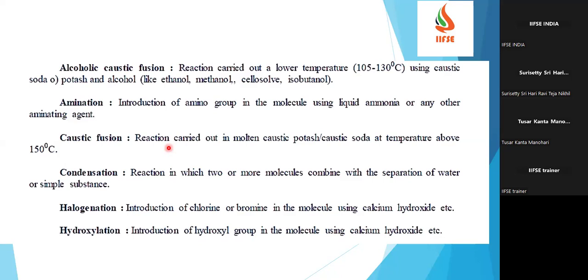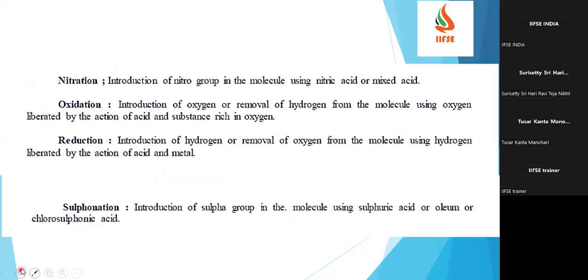Halogenation, introduction of chlorine or bromine into the molecules. Hydroxylation, introduction of a hydroxyl group into the molecule using calcium hydroxide. Then nitration, oxidation, reduction, sulfonation. These are also some of the unit processes.